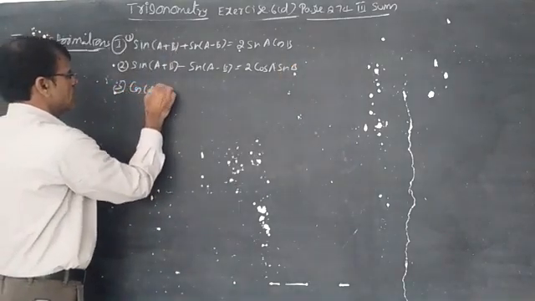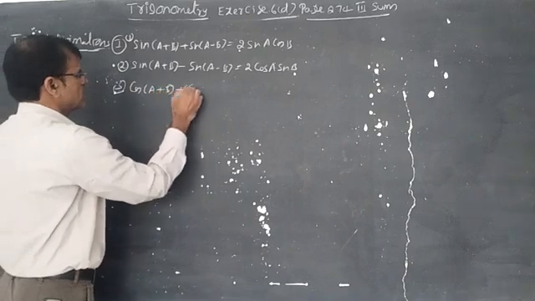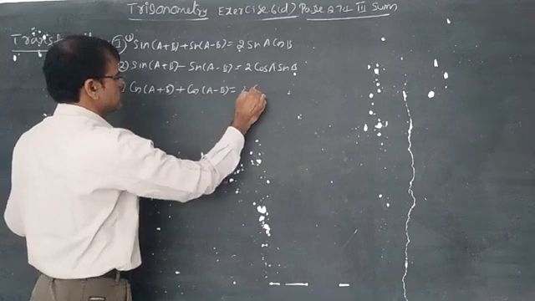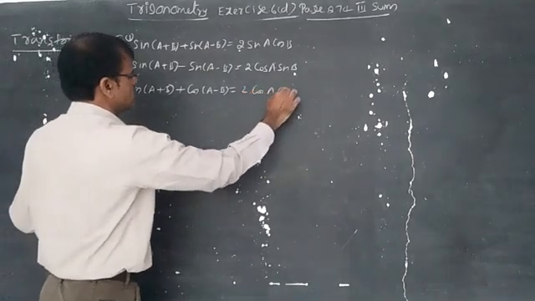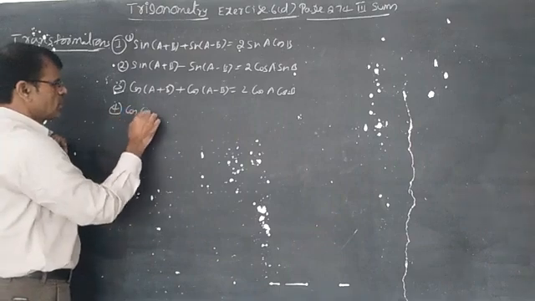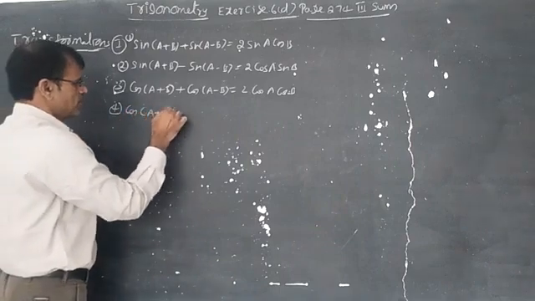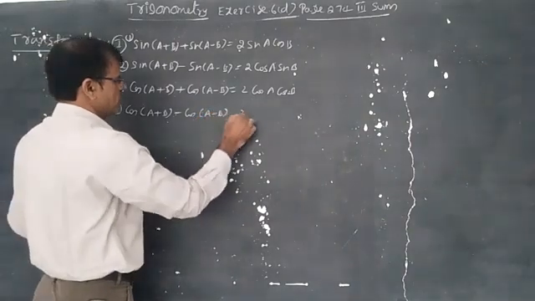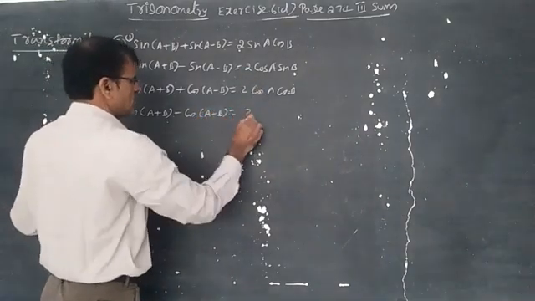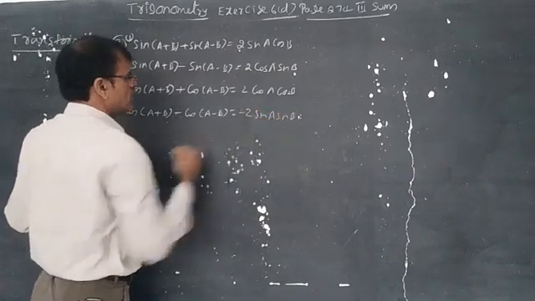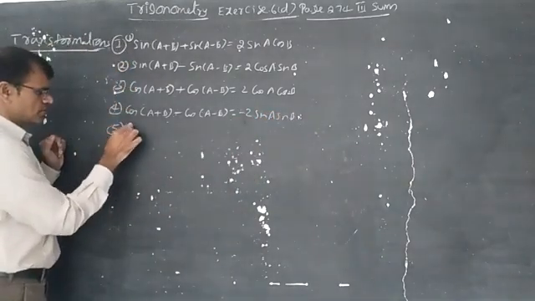Next one, cos of a plus b plus cos of a minus b is equal to 2 cos a cos b. Next one, cos of a plus b minus cos of a minus b is equal to minus 2 sin a sin b.